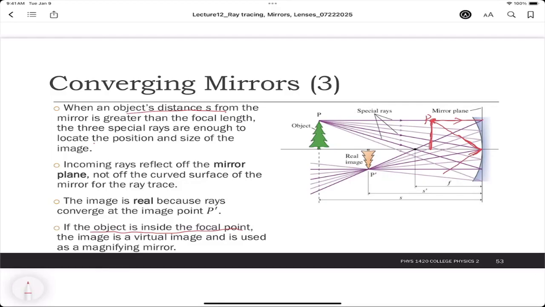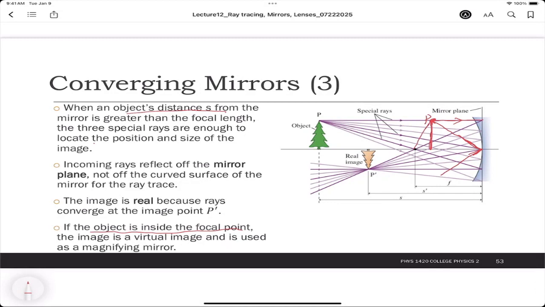But because it is inside the focal point, the ray going through the focal point will not get into the mirror.